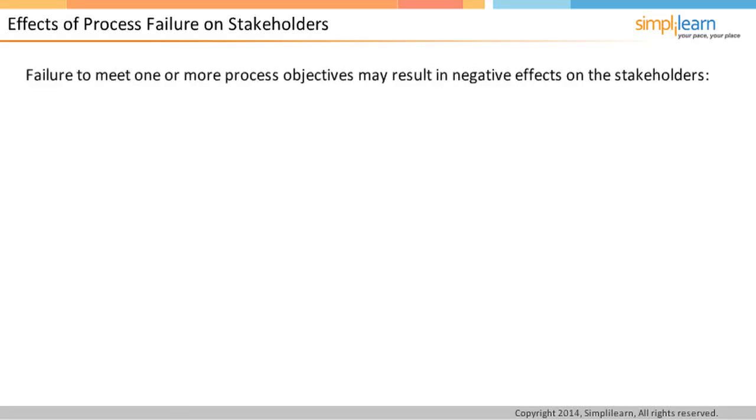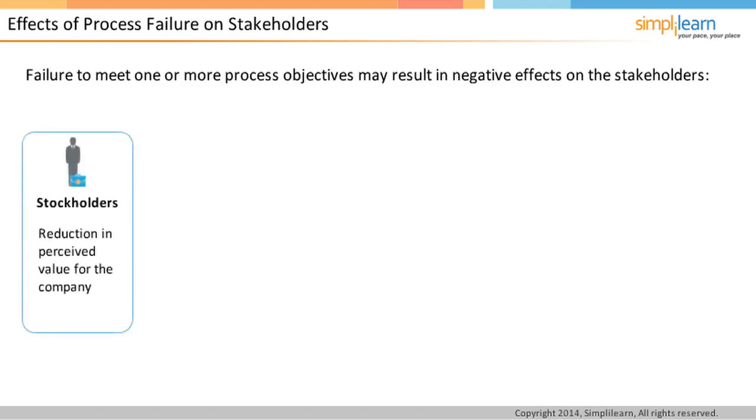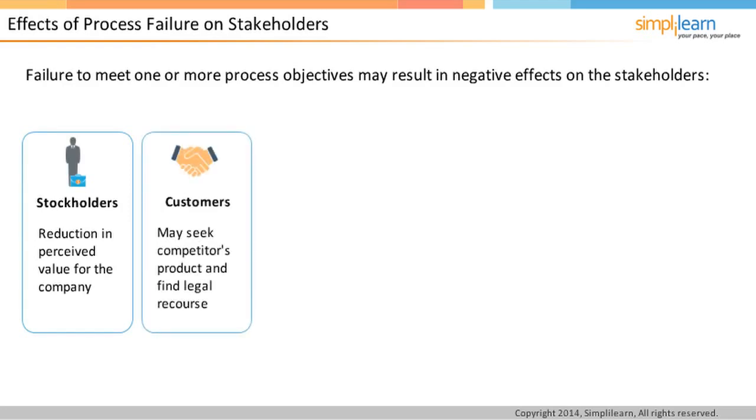While it is an absolute business necessity to keep one's stakeholders satisfied at all times, failure to meet one or more process objectives may result in negative effects on them. In such situations, for the stockholders, the perceived value for the company gets reduced. Customers may seek other competitors for their deals, while imposing penalties and finding recourse in legal action against the company.